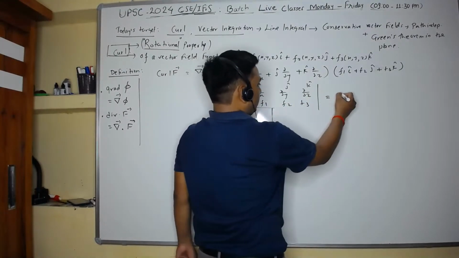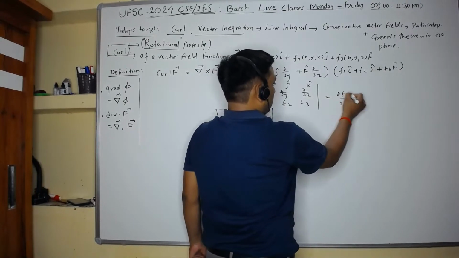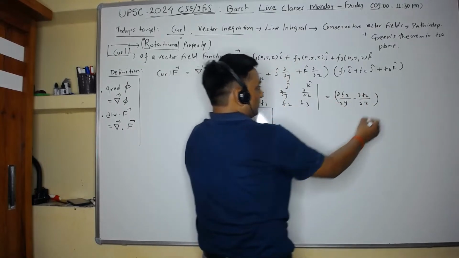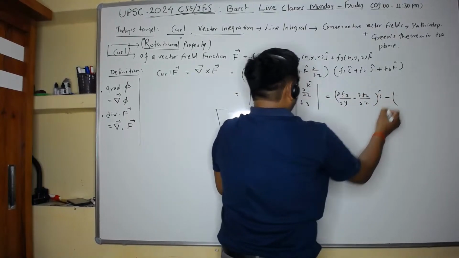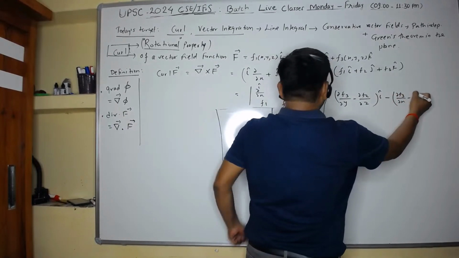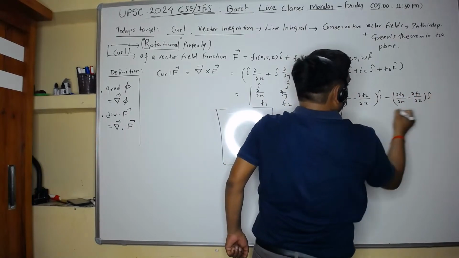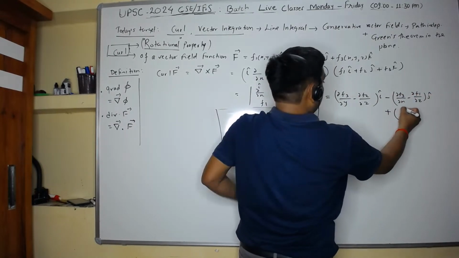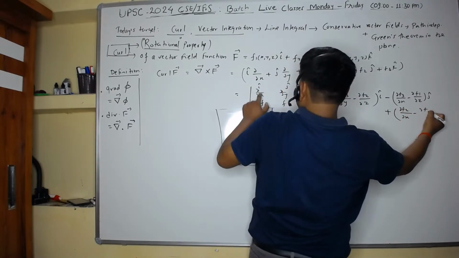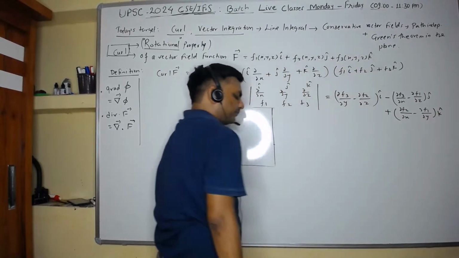So what happens is this will be del f3 over del y minus del f2 over del z for the i component, minus del f3 over del x minus del f1 over del z for the j cap, plus del f2 over del x minus del f1 over del y for the k cap.